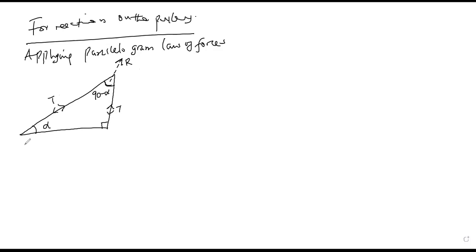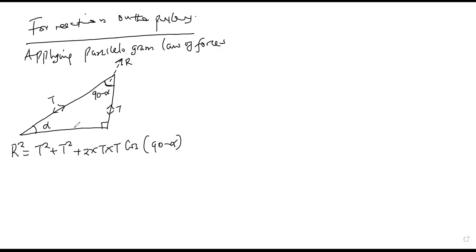By definition, the parallelogram law of forces formula will state that R squared is equal to T squared plus T squared plus 2 times T times T cos 90 minus alpha, because the reaction is acting with respect to this angle 90 minus alpha.